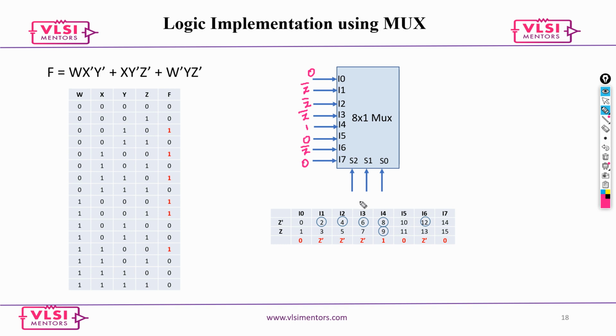And this is going to be W, X, Y. That is how you can look at it. Do you guys get it? So this is another way of implementing using mux.